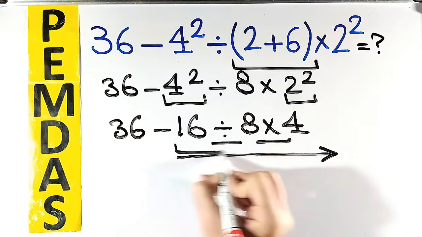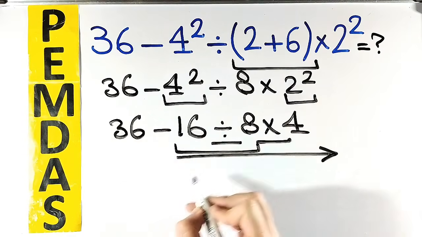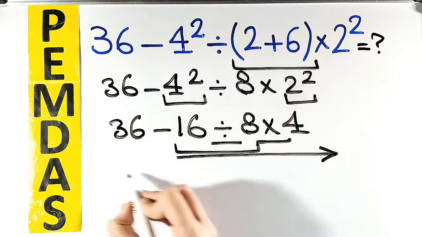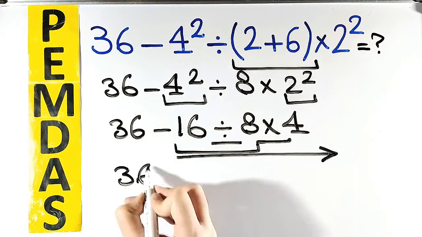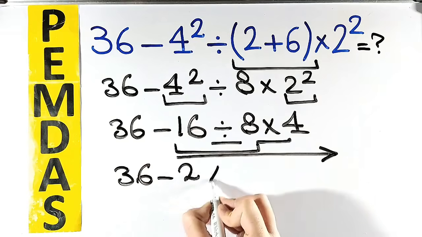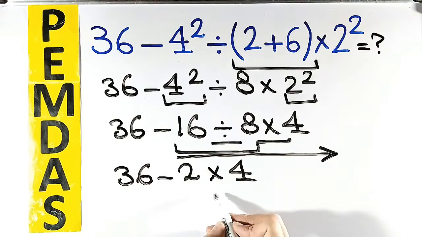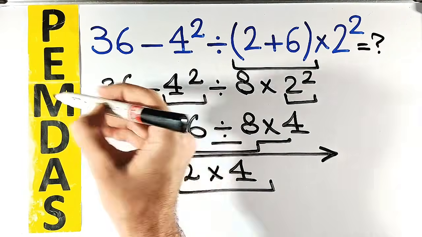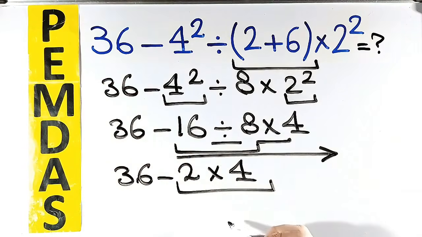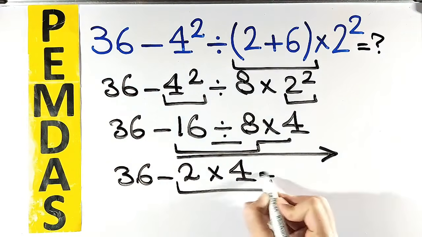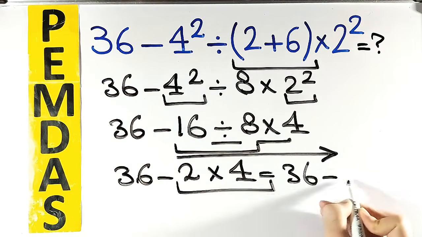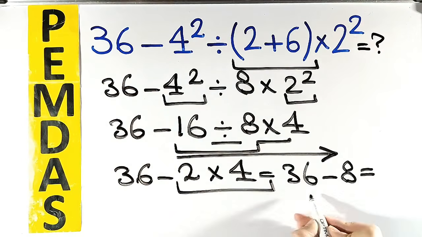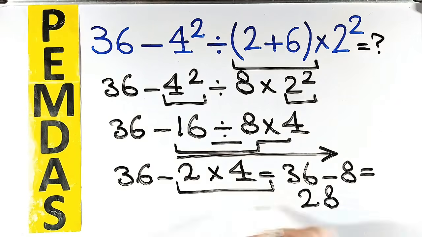So, first we go for the division between 16 and 8, and instead of this expression, we can write 36 minus 2 multiplied by 4. In the final step, we go for the multiplication between 2 and 4 because multiplication has priority over subtraction. So, we rewrite this equation as 36 minus 8, which finally gives us the answer, 28.